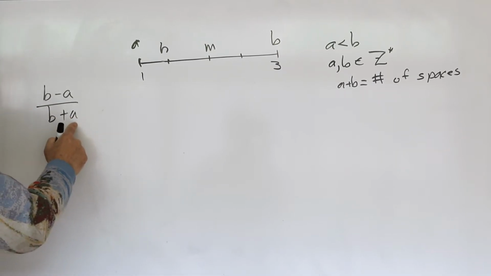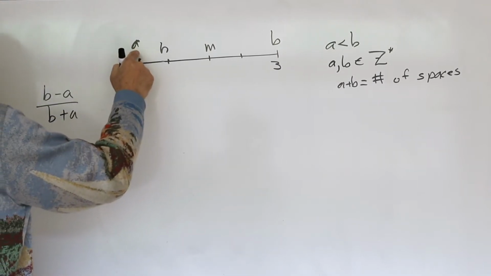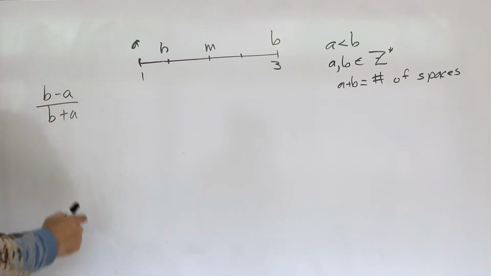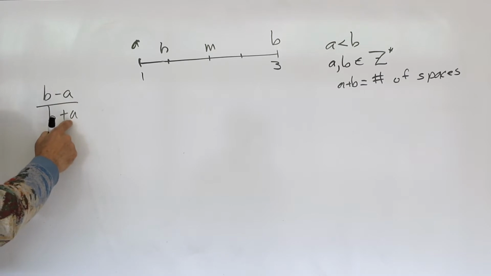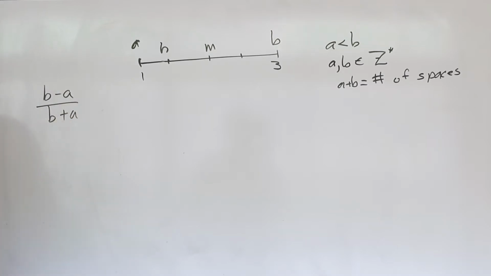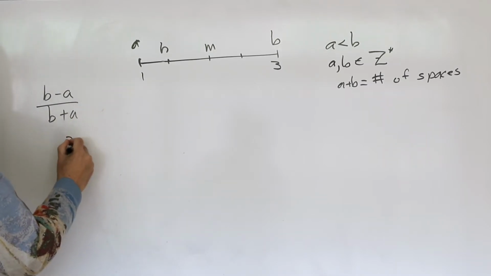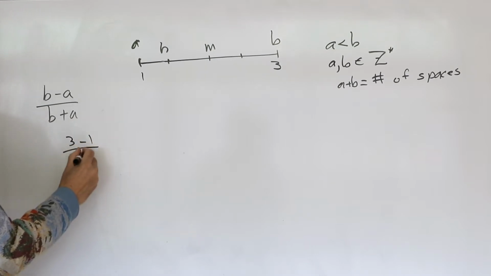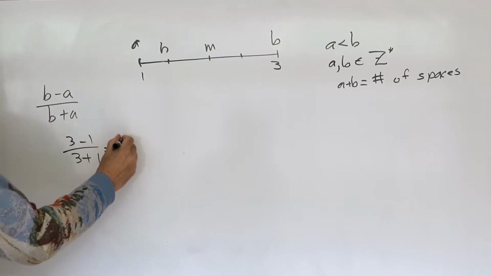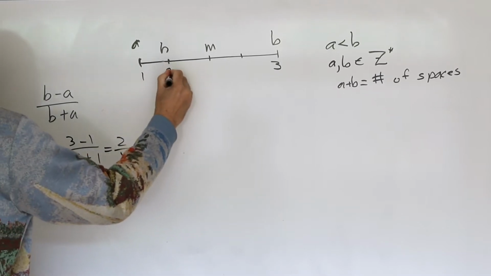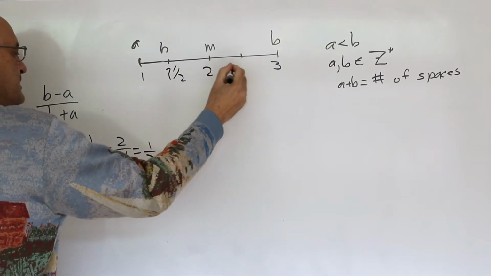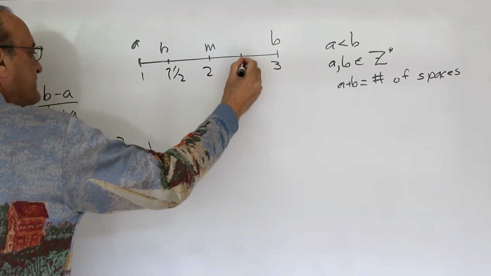So if this was a bicycle trip going from the A mile mark to the B mile mark, this would be the length of the trip divided by the number of spaces. It'll tell you how long each space is. So in this case, it's 3 minus 1 over 3 plus 1, which is 2 over 4, which is 1 over 2. So it's 1.5, 2, 2.5.